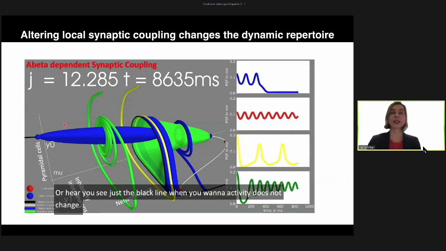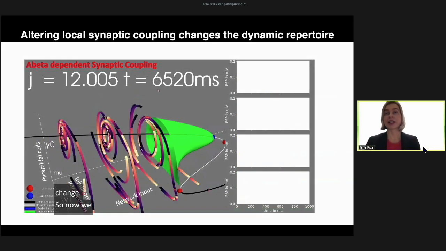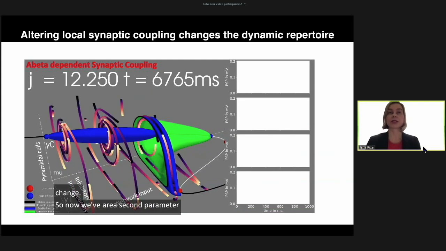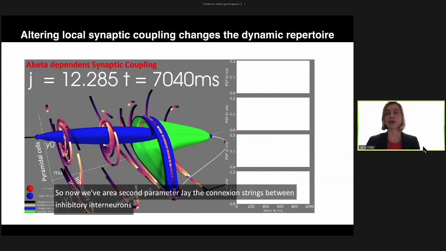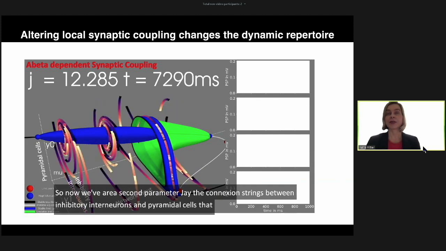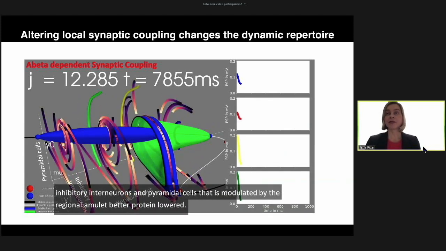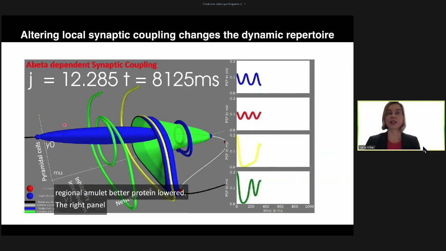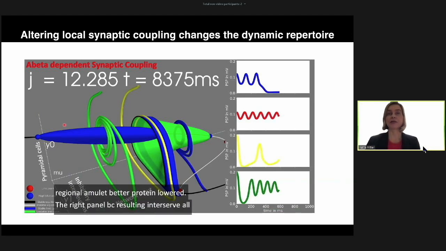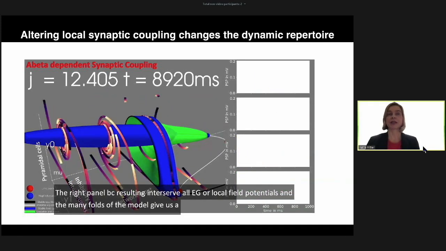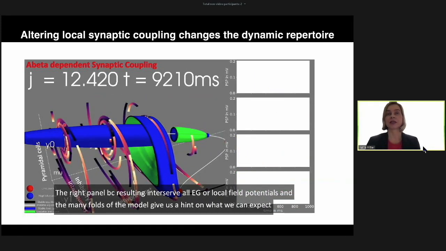So now we vary a second parameter J, the connection strength between inhibitory interneurons and pyramidal cells that is modulated by the regional amyloid beta protein load. In the right panel, we see resulting intracerebral EEG or local field potentials. The manifolds of the model give us a hint on what we can expect, the repertoire of the population.